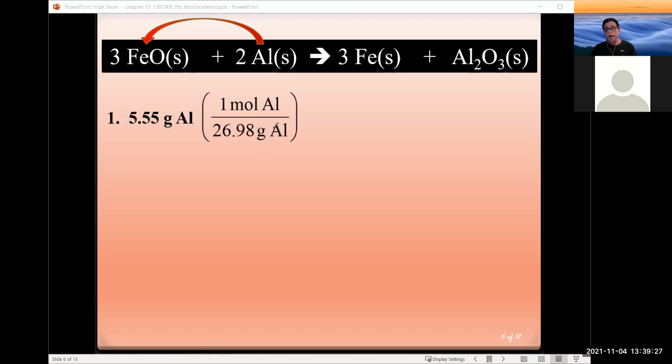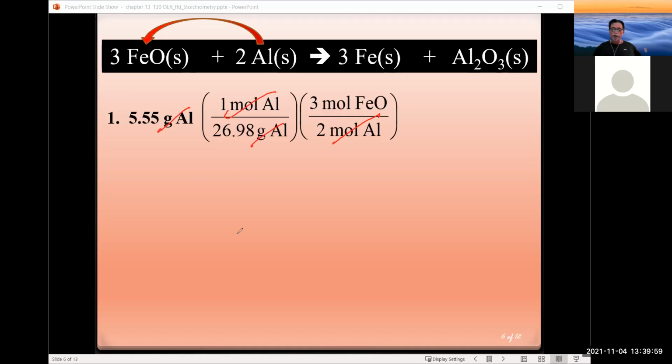Grams of aluminum cancel grams of aluminum. The first one is the atomic weight. Now the second one, we need to get into iron 3 oxide moles, and we do that from the stoichiometric relationship between the iron 3 oxide and the aluminum, which comes from the balanced chemical equation. As we proceed, keep track of your units.